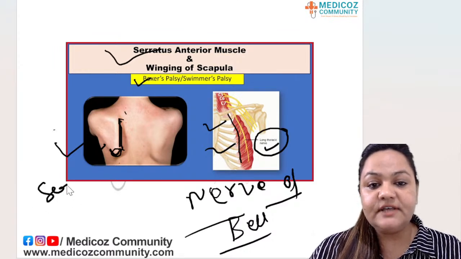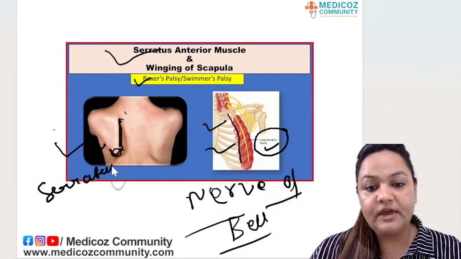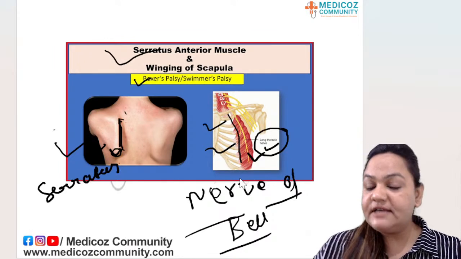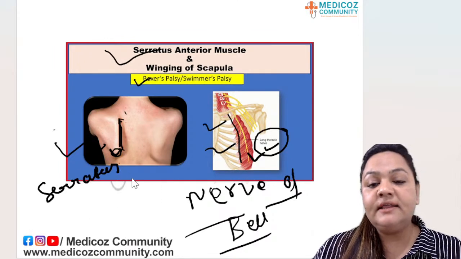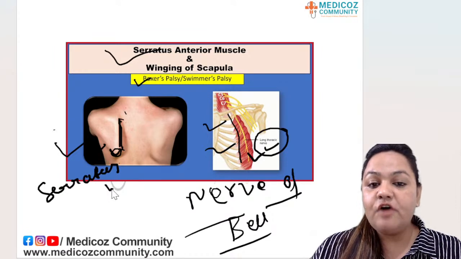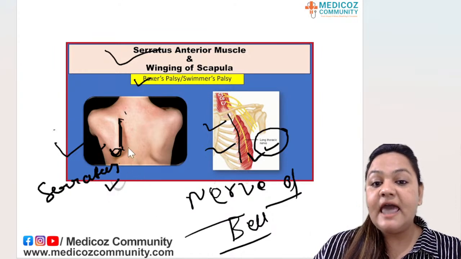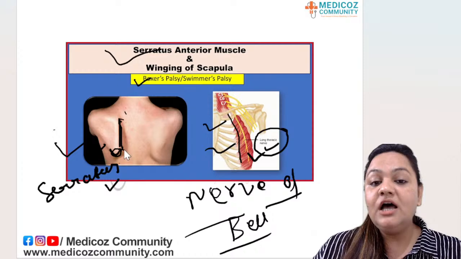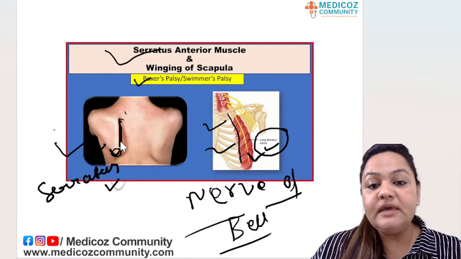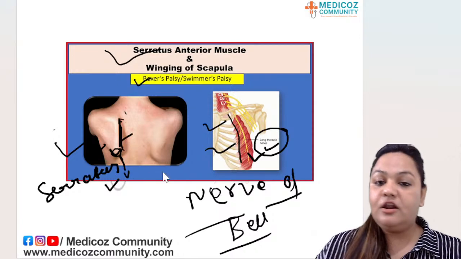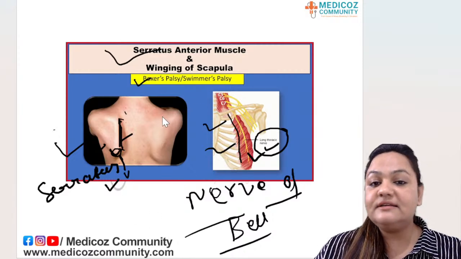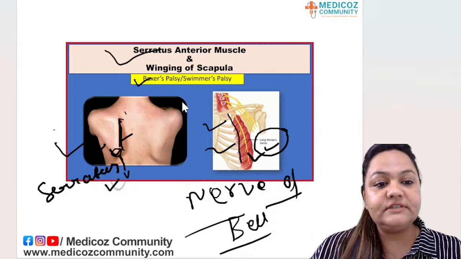The paralysis of serratus anterior is there. The injury to the long thoracic nerve is there, because it is supplied by the long thoracic nerve, and that's how your serratus anterior will get paralyzed. And in winging of scapula, there is prominence of the medial border and inferior angle of the scapula. So these are the points related to winging of scapula.